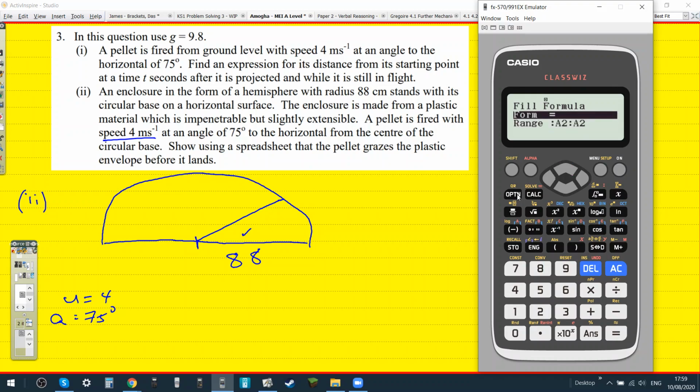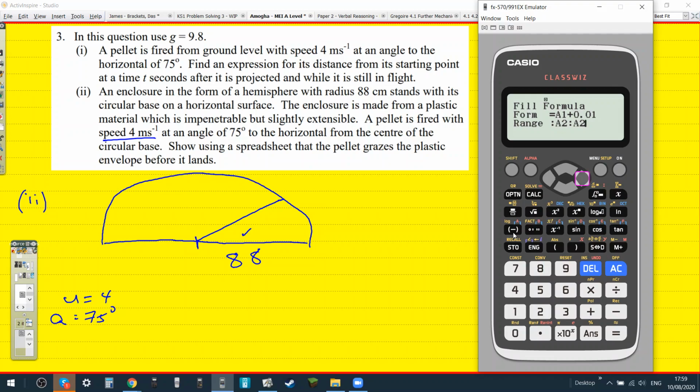The expression for the distance should be put in there. Oh, for the distance. So yeah. Expression for the distance. A2, A1 plus 0.1. So it goes up every time.